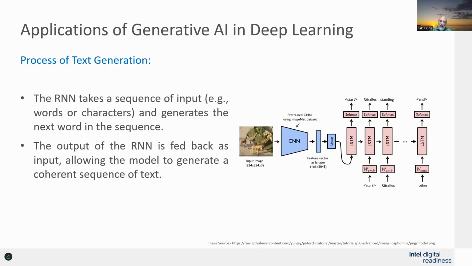They use the convolution network. They have a feature vector. They use some linear equations. They use the long short-term memory thing to minimize the gradient issue. And then what they're noticing is that there's giraffes, that they're standing, and whatever, there's trees and grass and whatever it is, right?